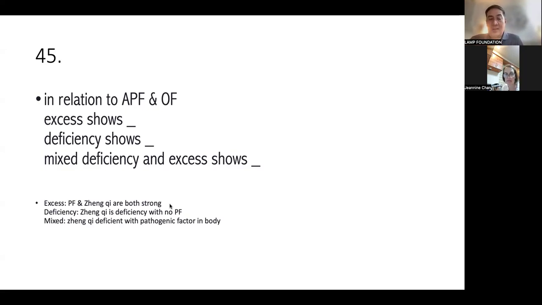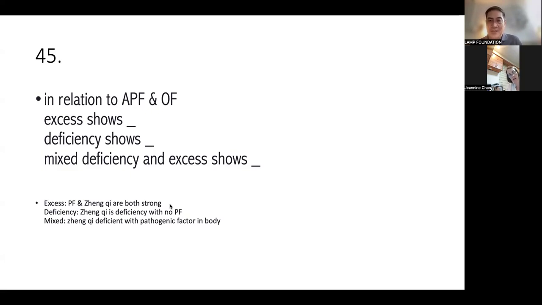In the mixed type, the immune system or Zheng Qi is weak, and there is a pathogenic factor in the body, so recovery takes long. Is it clear? That's why I felt we need to repeat this next week. Of course, the questions will be framed in a different way. So if I were you, answer them tonight.